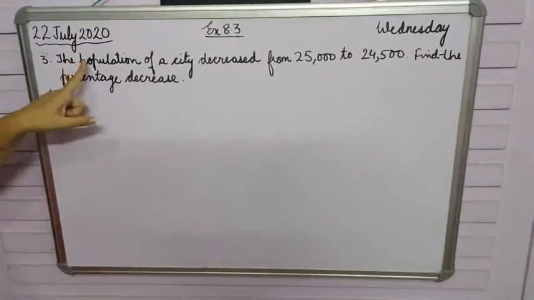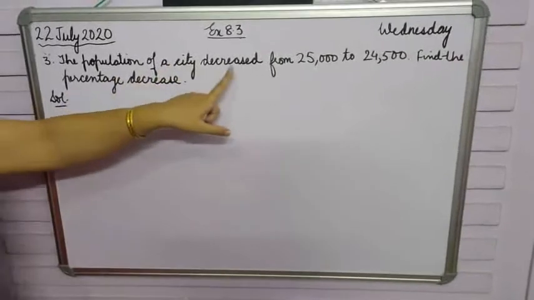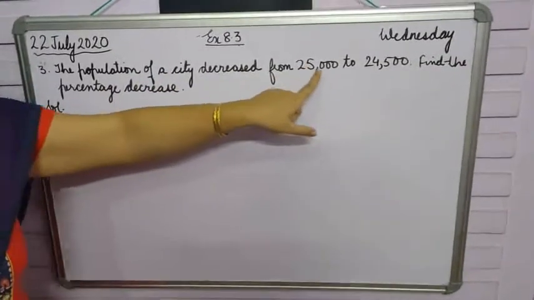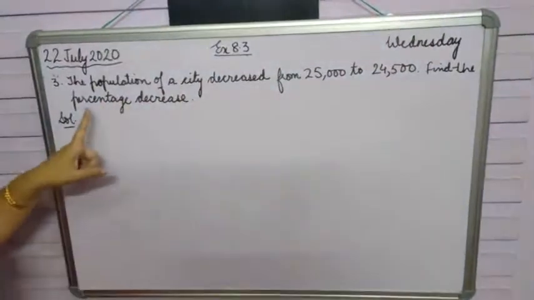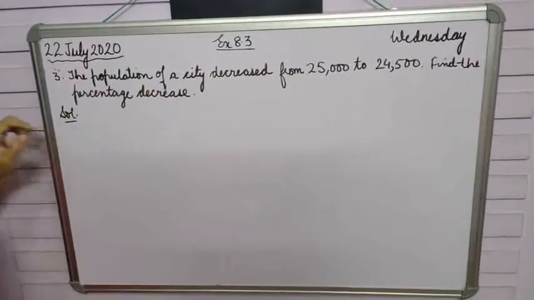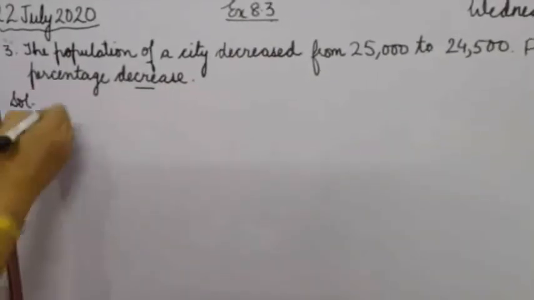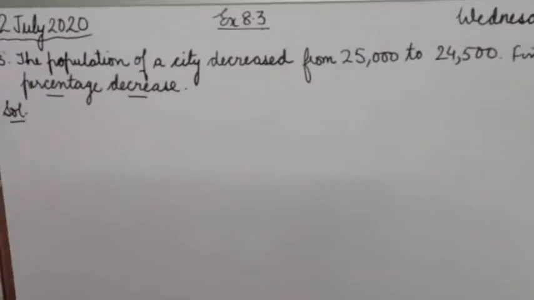Question number 3: the population of a city decreased from 25,000 to 24,500. Find the percentage decrease. First we will find out the decrease in the population, and then we will find out the percentage of that decrease.